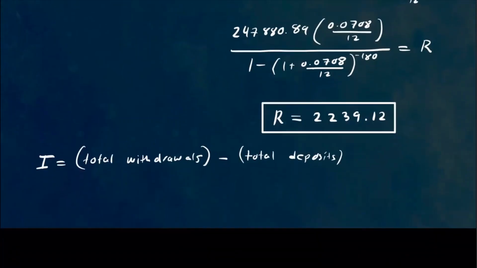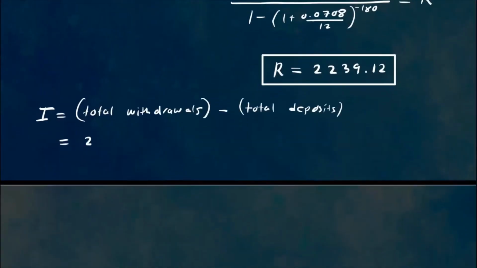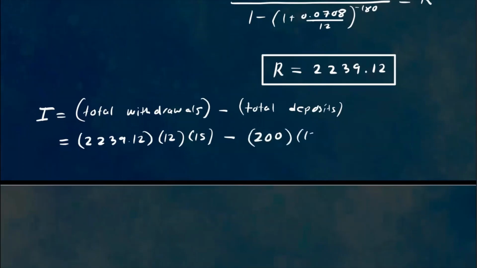So our total withdrawal is going to be $2,239.12. We're doing it every month for 15 years. That's going to give us the total withdrawal. Minus, now we're going to be depositing $200 for 12 months for 30 years. So that was the first part of this problem.